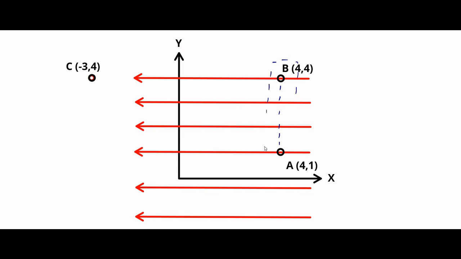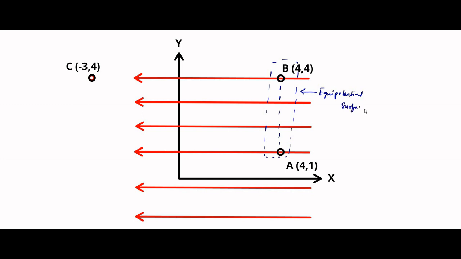Equipotential surface means all the points lying on the equipotential surface are at the same potential, which means the potential difference between any 2 points on the equipotential surface is 0. We have discussed equipotential surface. You can watch the video in electricity and magnetism playlist.